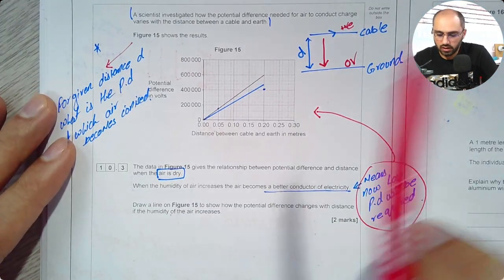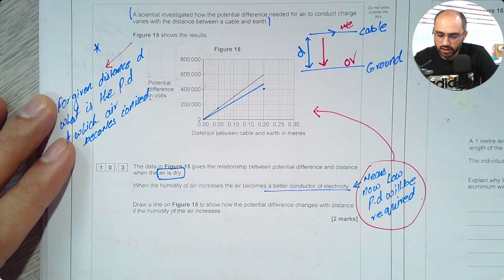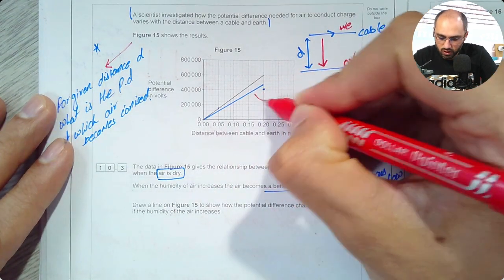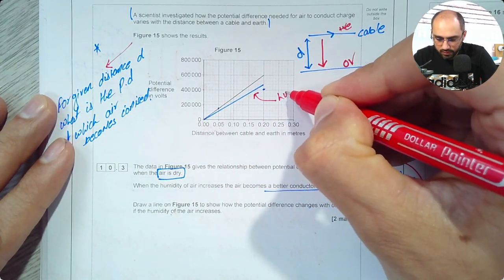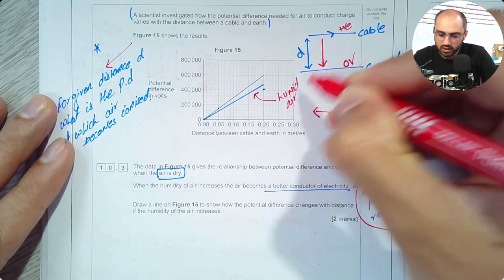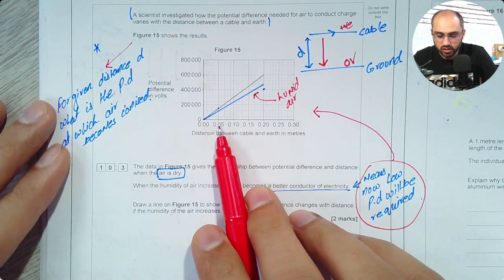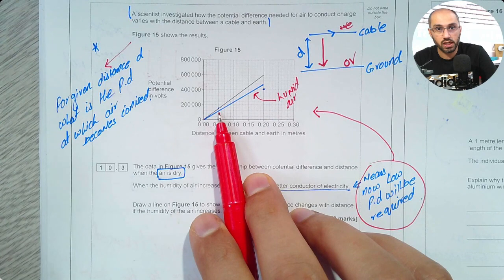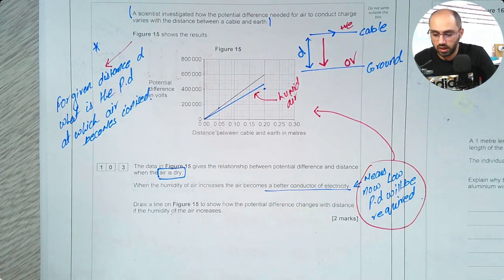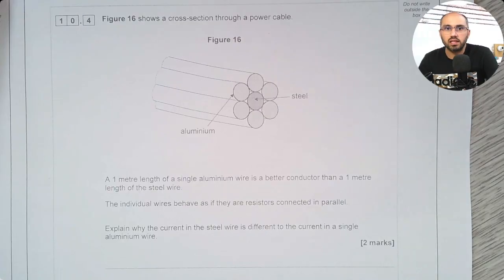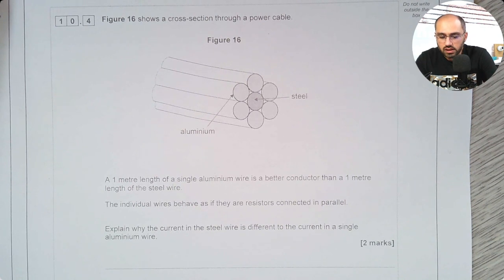So I've plotted another line which is below this line, indicating that this is for the humid air. This line is showing that for the same distance, you will now need a lower potential difference for the air to become ionized.